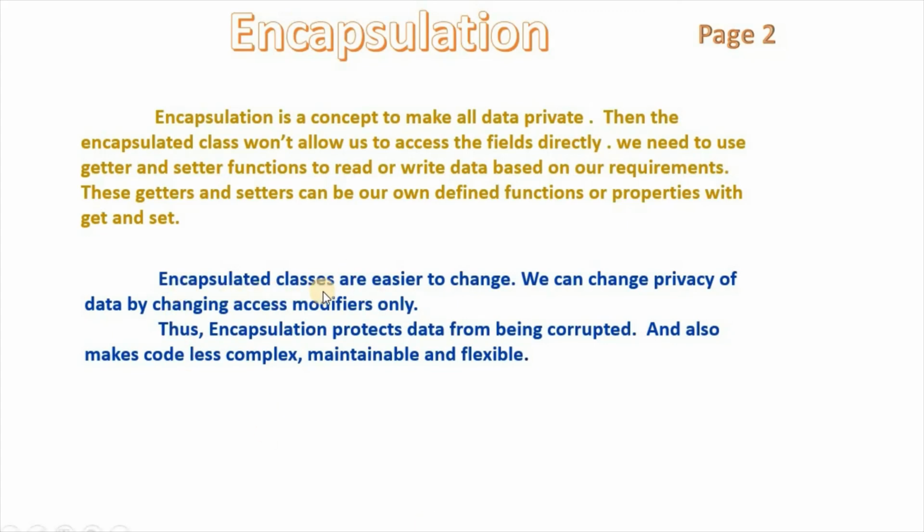Encapsulated classes are easier to change. We can change the privacy of data by changing access modifiers only. Thus, encapsulation protects data from being corrupted and also makes code less complex, maintainable, and flexible.